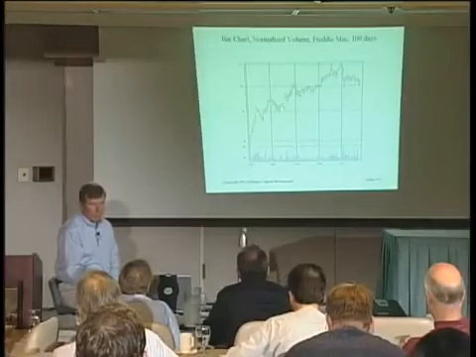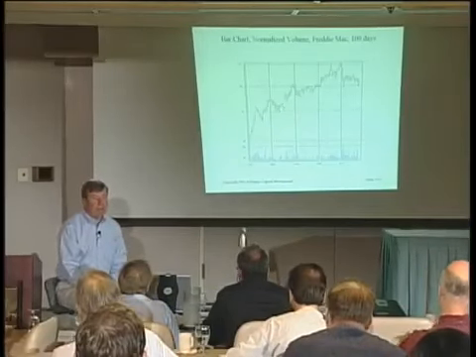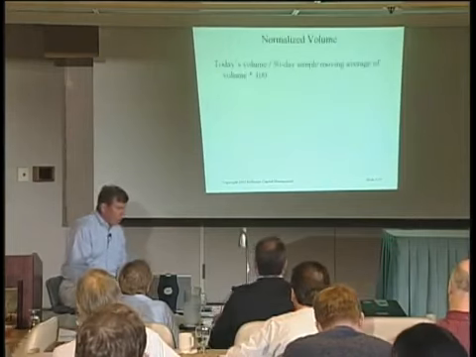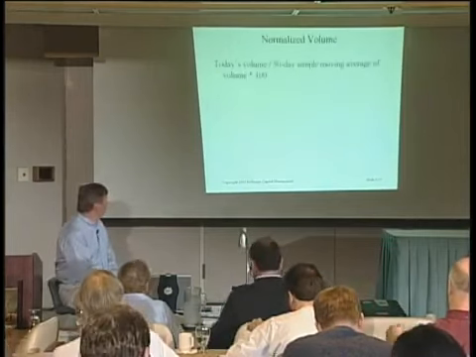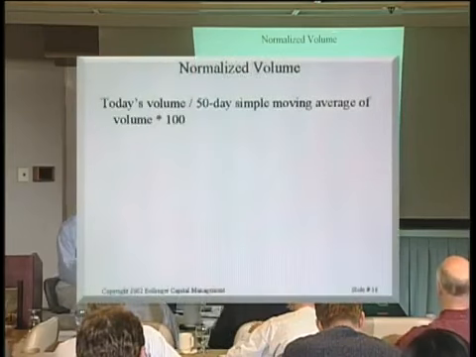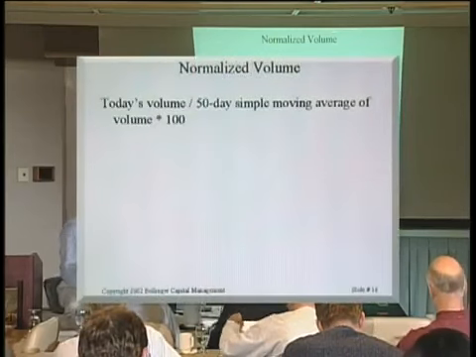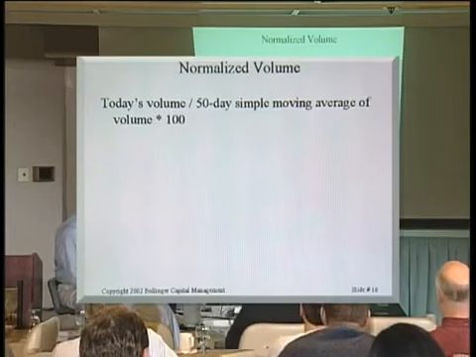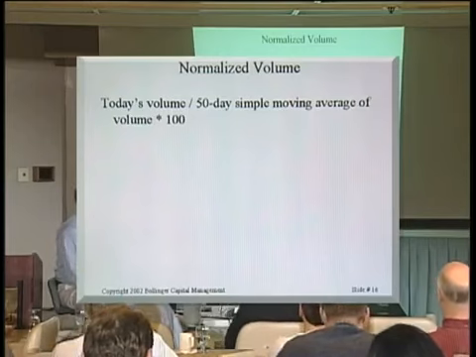Is that a simple moving average? This is a simple moving average, a 50-day simple moving average. And here's the formula. I call this normalized volume. It's today's volume divided by a 50-day simple moving average.